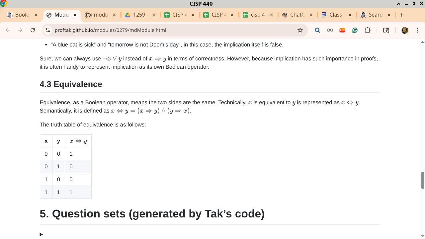Is that okay? That's the definition. So now the question is, if I didn't show you the truth table here, do you think you can work it out? You should be able to work it out. It might take you a little bit of time because implication is new to you, but this is really just using implication to define equivalent to.